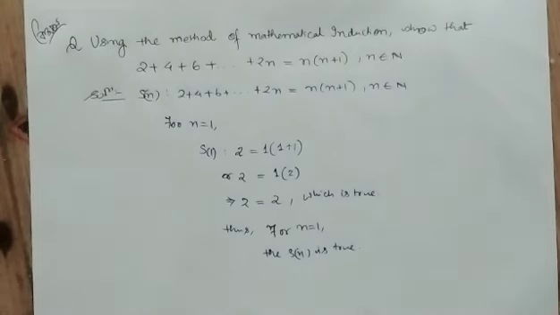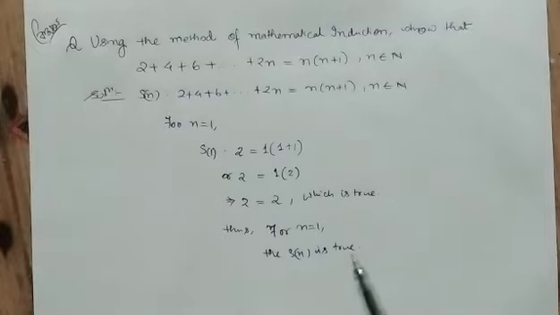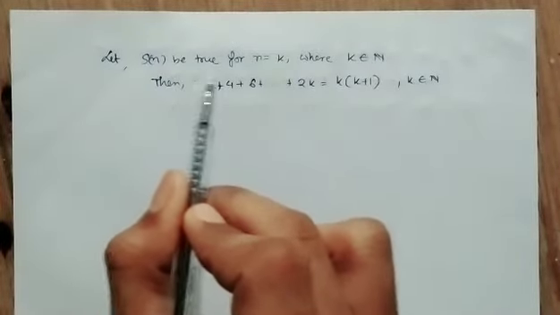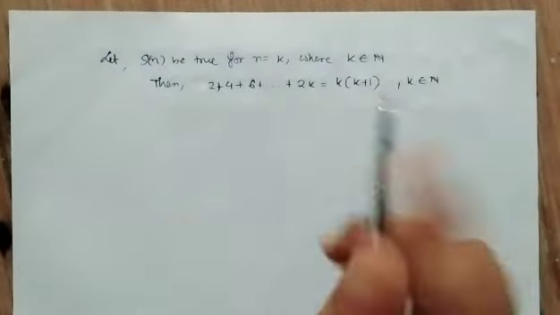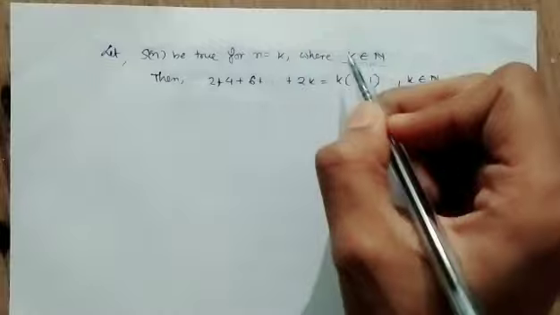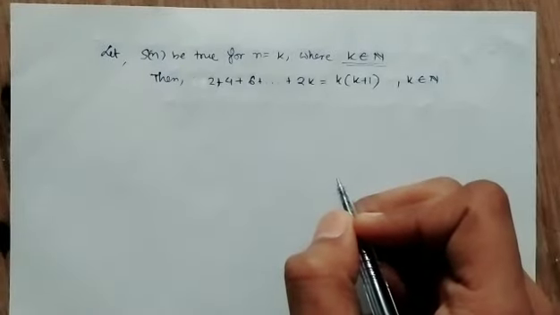So now we shall consider that this statement is true for n is equal to k, and considering that, we shall next prove that this statement is true for n is equal to k plus 1. So now we will consider, let this statement Sn be true for n is equal to k, where k belongs to natural number. You must incorporate this statement that k belongs to natural number, because we are dealing with the natural numbers, right?